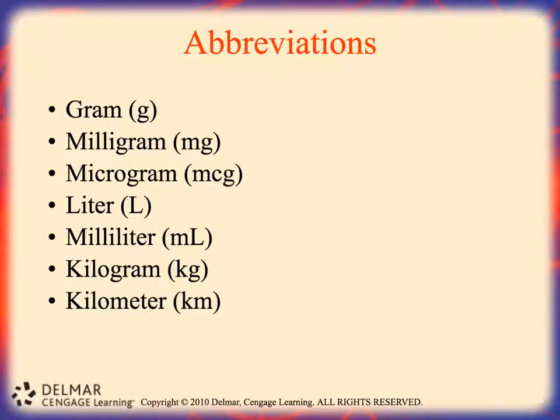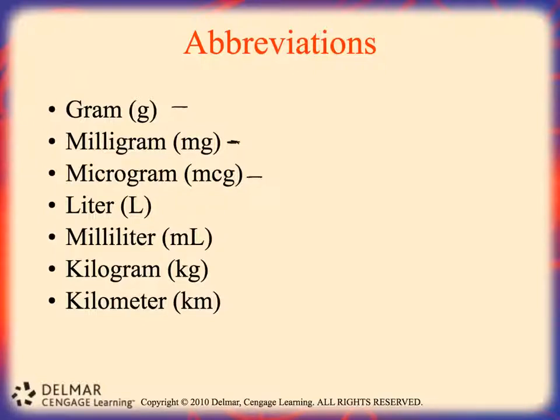Here you've got some examples of those. You've got your gram, which is a basic unit of measure for weight, and then right under that you've got a milligram, which is a smaller unit of measure, and then microgram, which is even smaller than the milligram by 1,000.